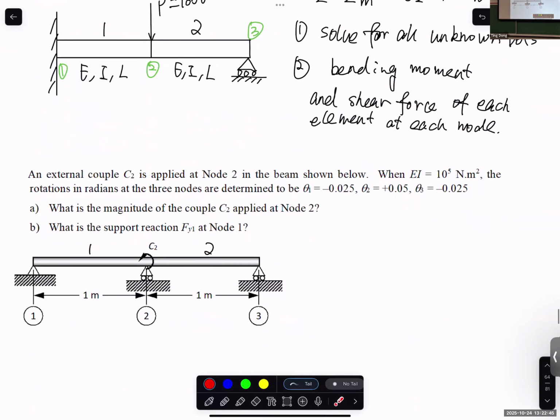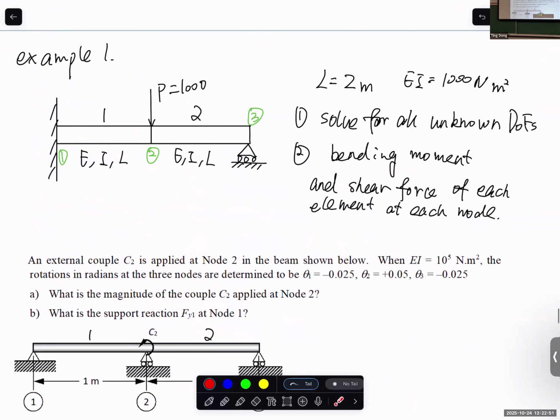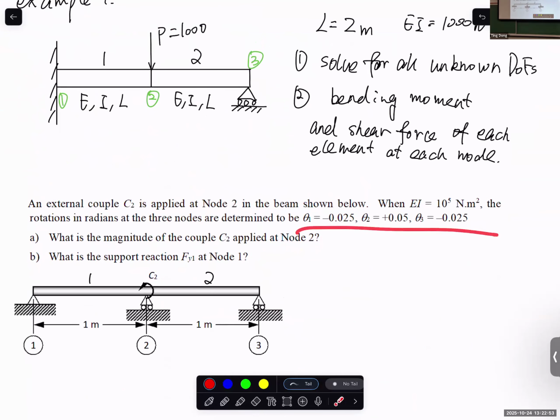And the homework problem is a little bit different because normally we have KQ equal to F. Here Q is given. So KQ equal to F, K and Q are given. You need to calculate F. So it's the same equation calculated in different direction. These are all the unknown degree of freedom.